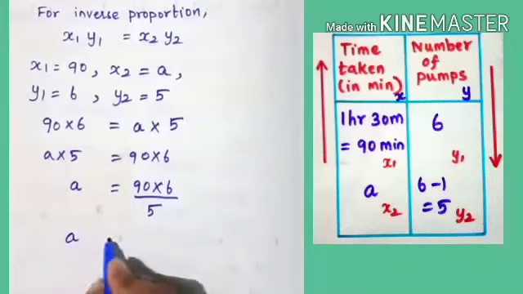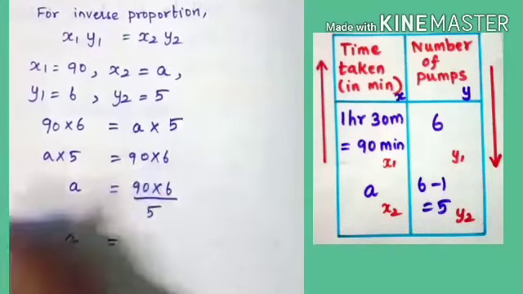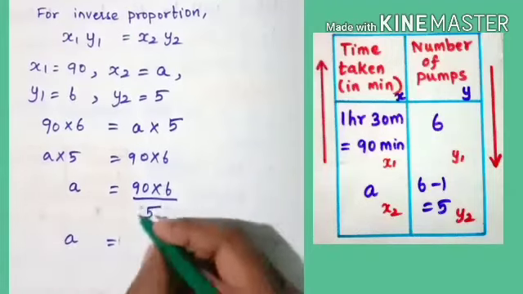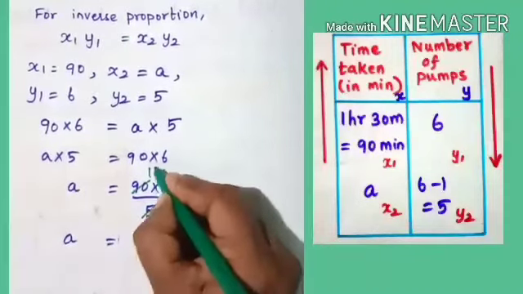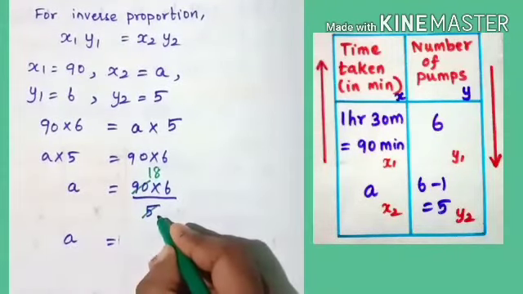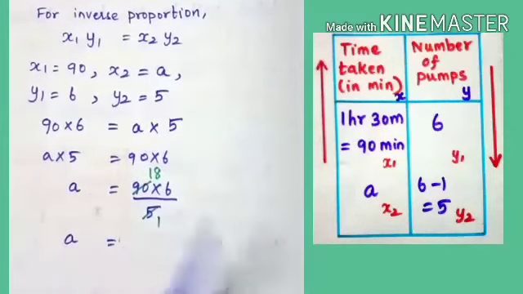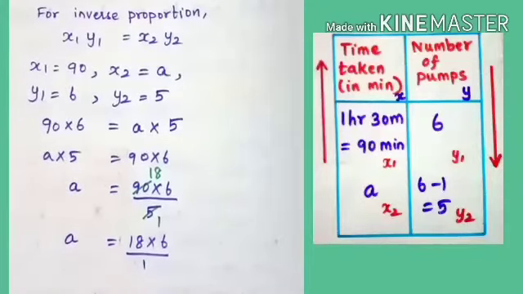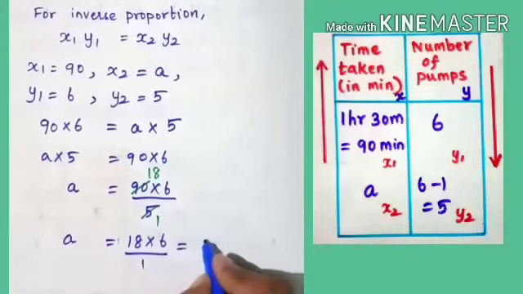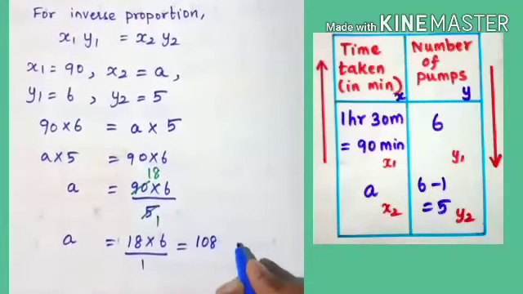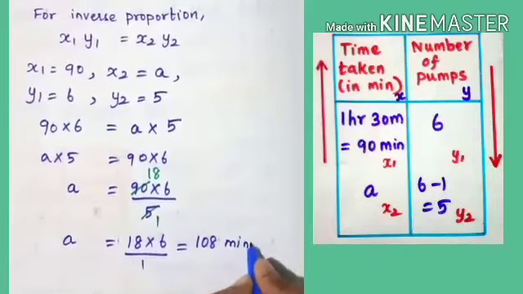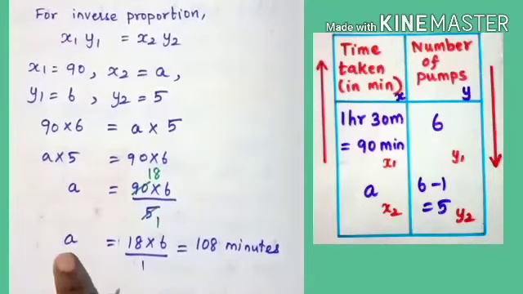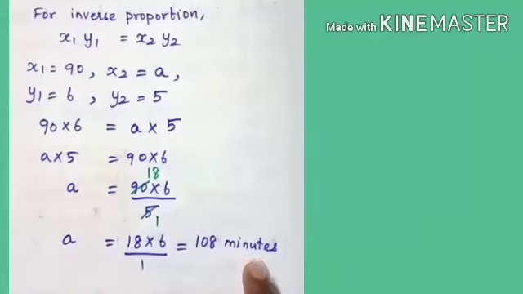And here A is equal to, now cancelling 90 and 5, we get 18 times 6, and in the denominator it is 1. So 18 into 6 divided by 1. Now 18 into 6 is 108 minutes. So A is equal to 108 minutes.